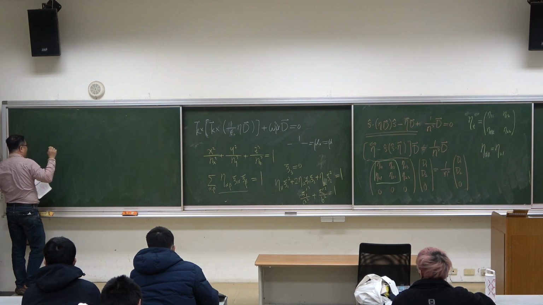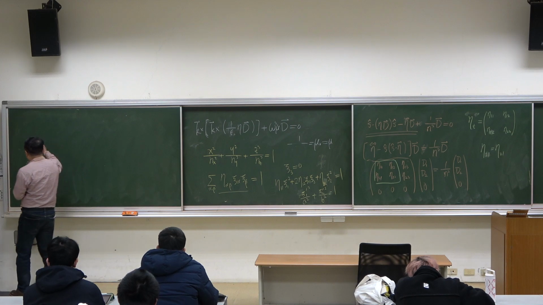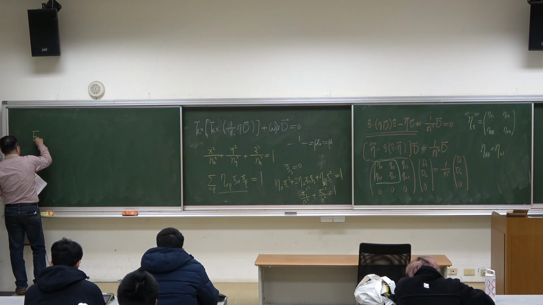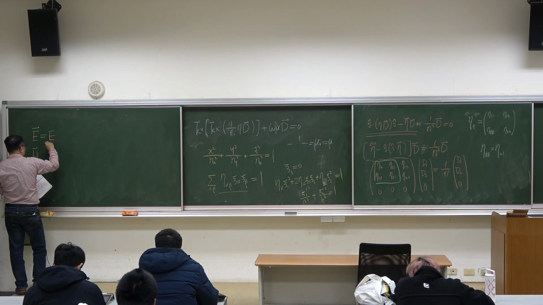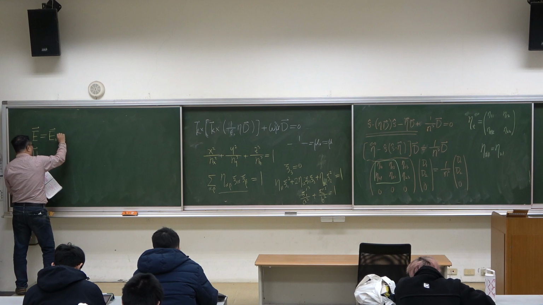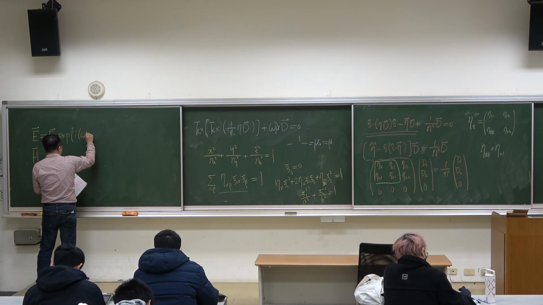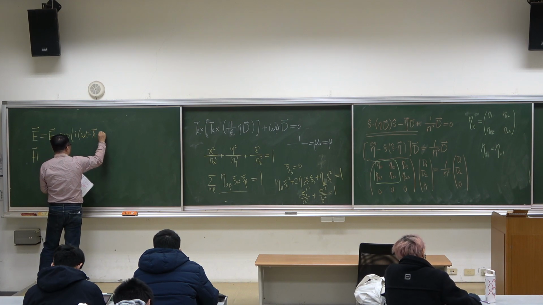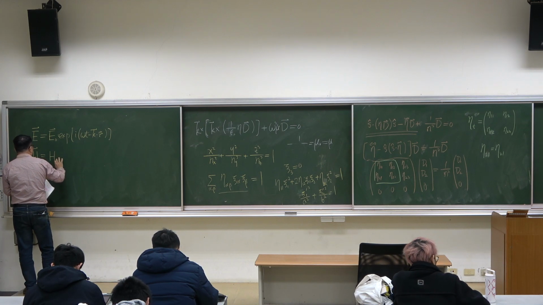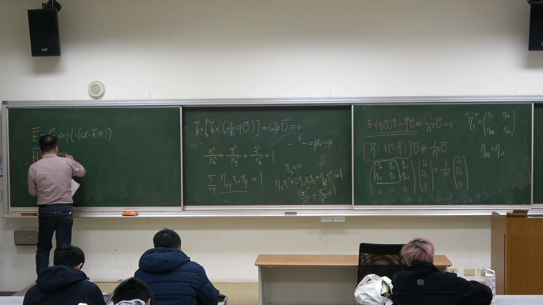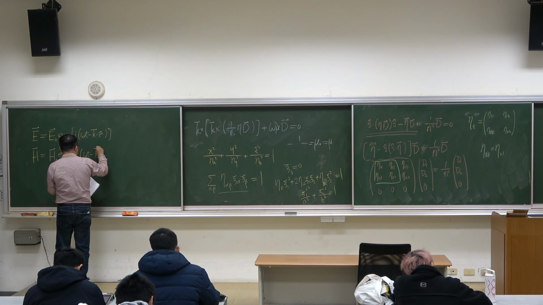When we consider plane wave, we have the very simple expression of E and H field. E is written as something like E0 exponential i(omega t minus k dot r), and H is written as i times (omega t minus k dot r).